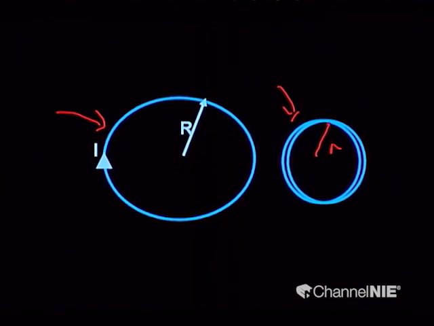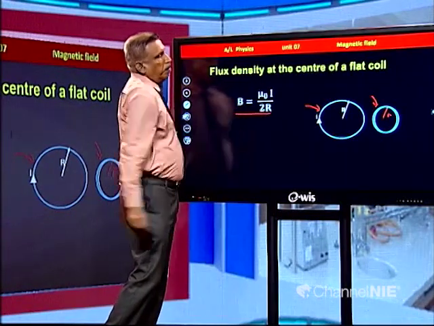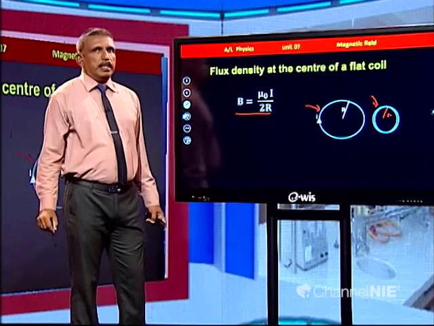We already studied the flux density at the center of a flat coil. Normally we can write B = μ₀I/2R. We already studied this.